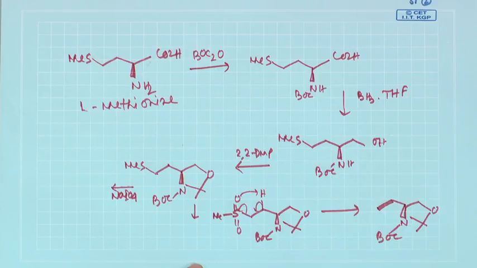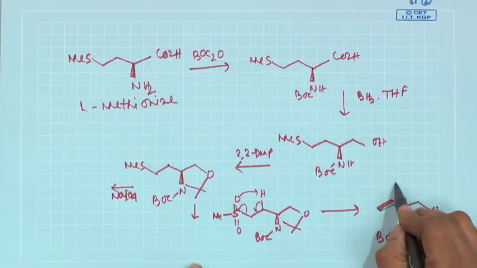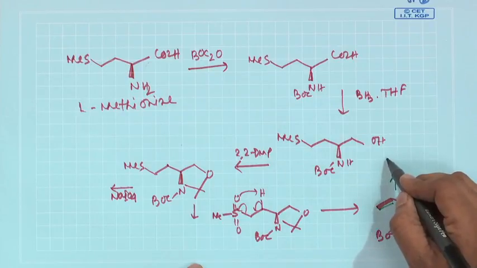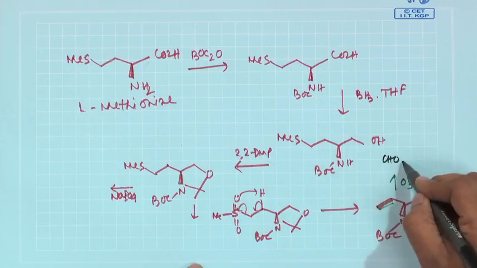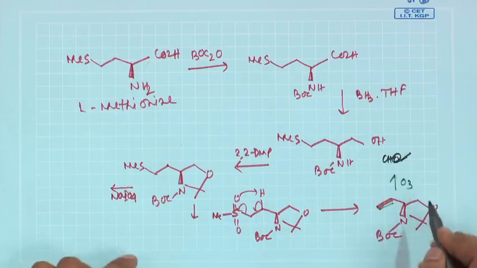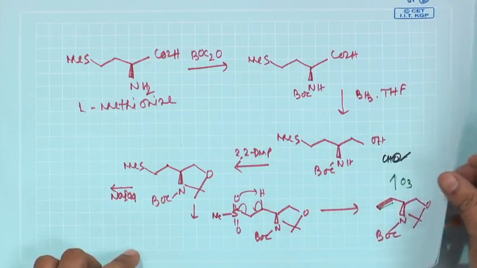Now, this double bond you can easily cleave through ozonolysis or oxidative cleavage. If you do this ozonolysis, you will basically get CHO at this end. Okay, we will write it on a separate page for a better view.